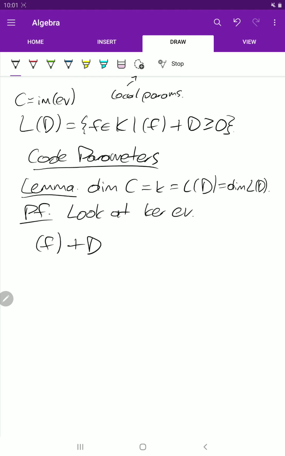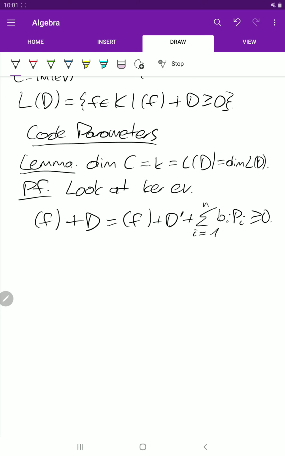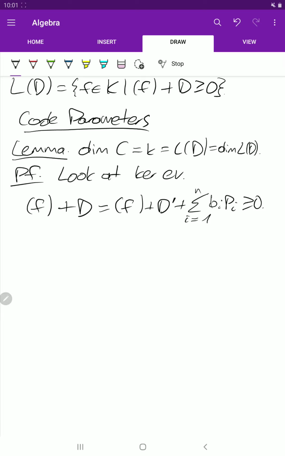We have this (f) plus D, which is (f) plus D prime plus the sum over these b_i p_i. We know that this is non-negative.